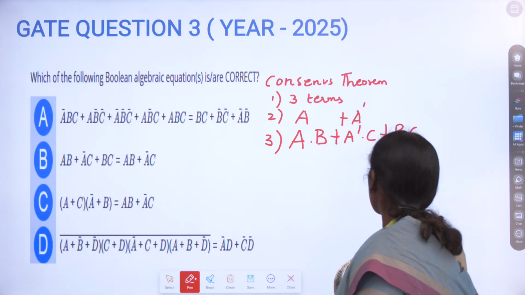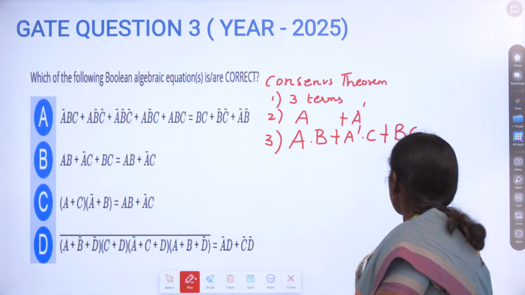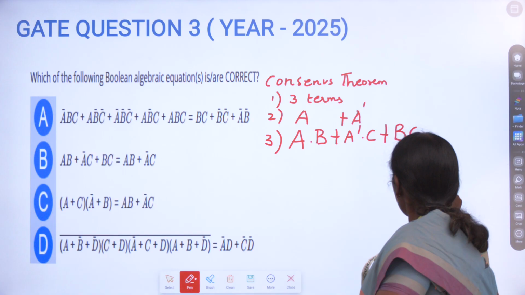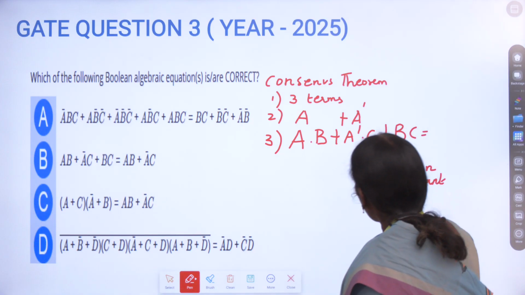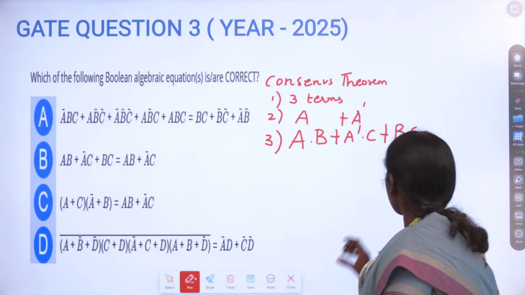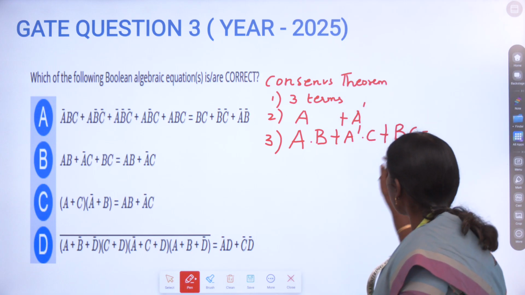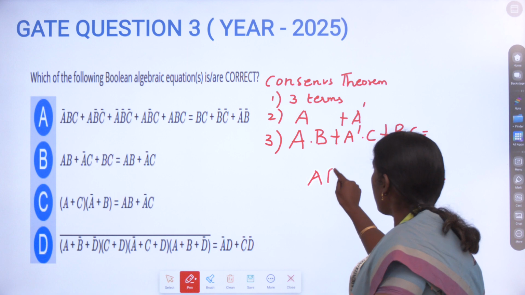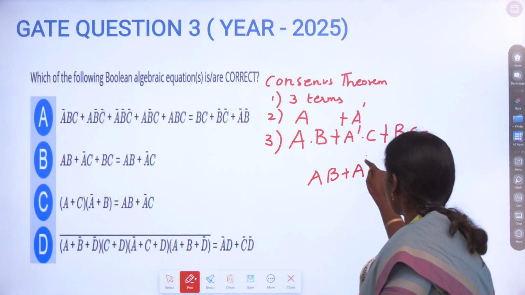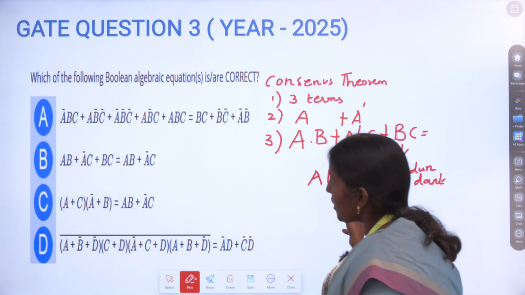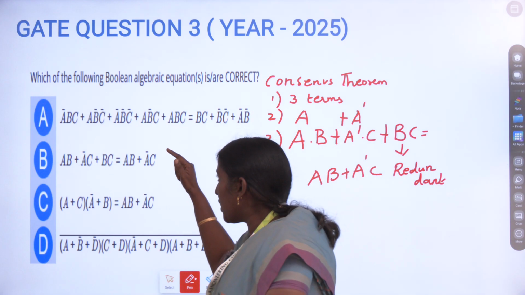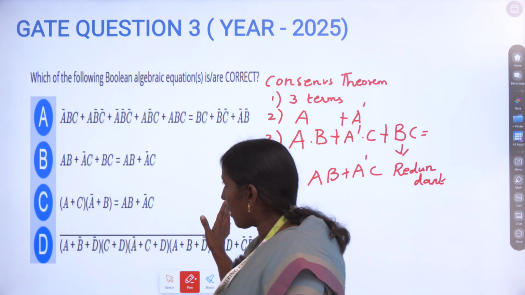So this term is called redundant. As it is redundant, the whole equation will be equal to AB plus A dash C.